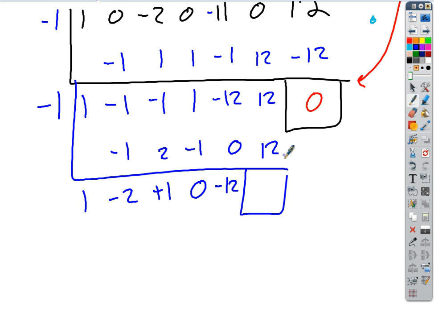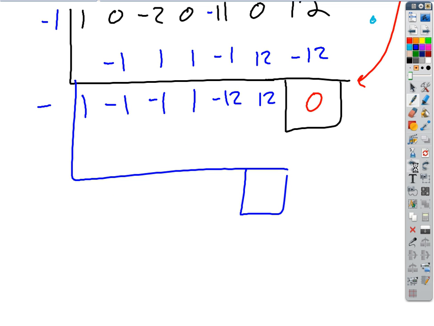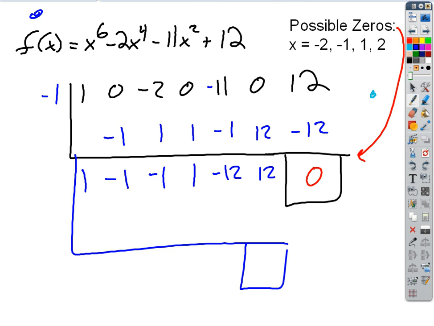Okay, so negative 1 worked once, but that was it. So we'll go back and undo all that. Why was I doing that? Because I wanted to see if negative 1 was a double 0, and it wasn't. So let's go ahead and cross it off the list. Negative 1 worked once for us, but now it's gone.